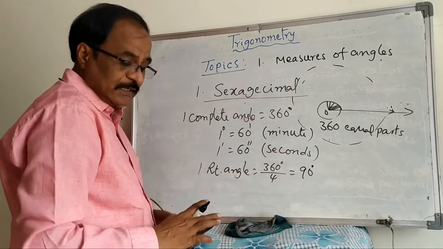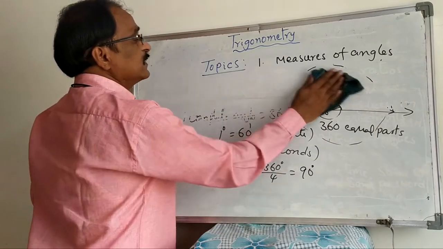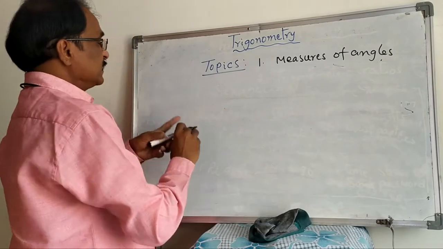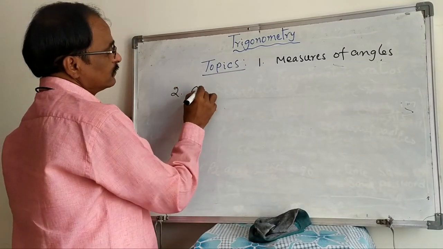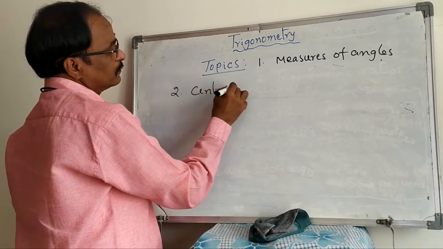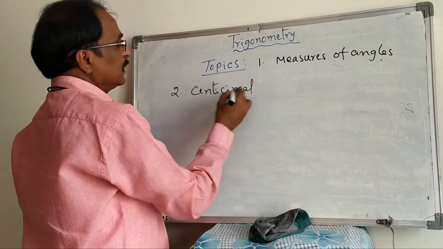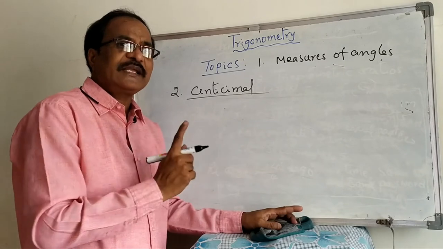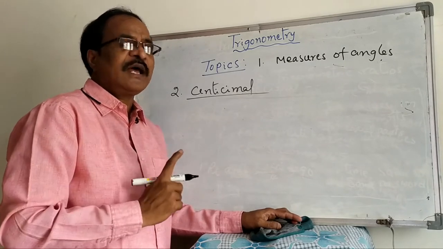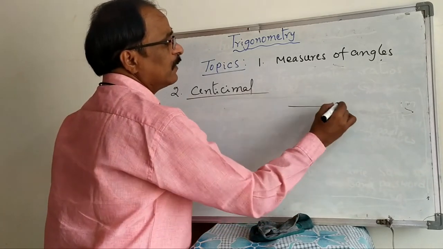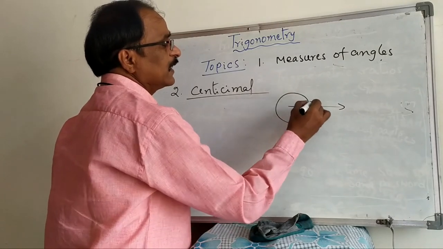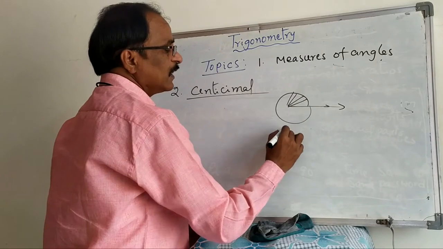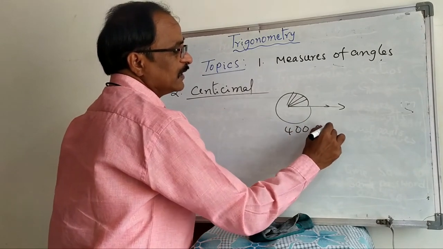Next, the second one is the centesimal measure. In the centesimal system, one complete angle is divided into 400 equal parts.